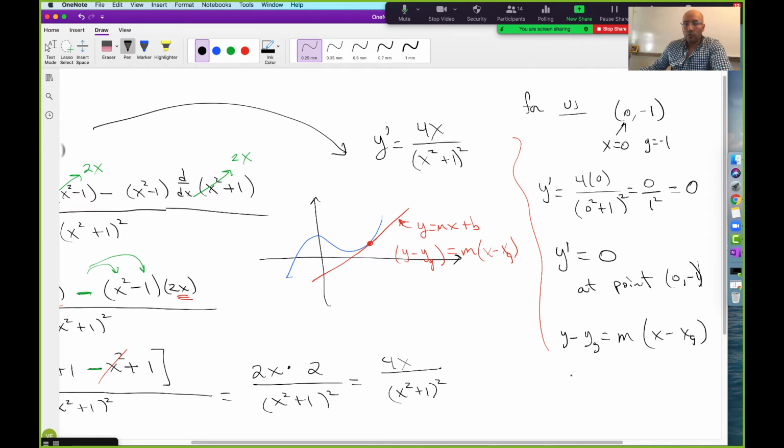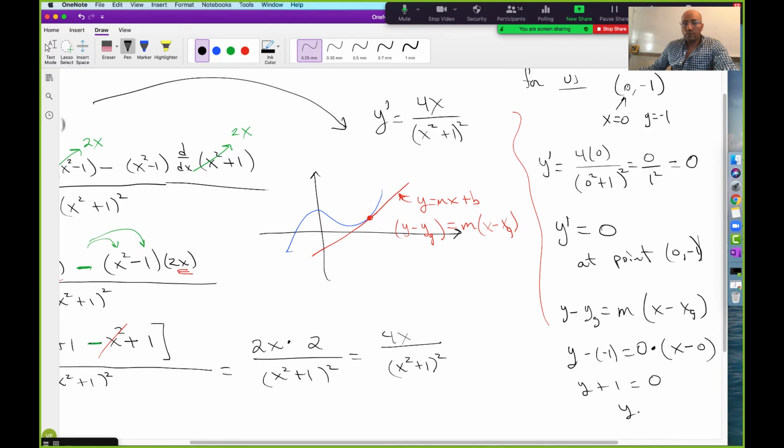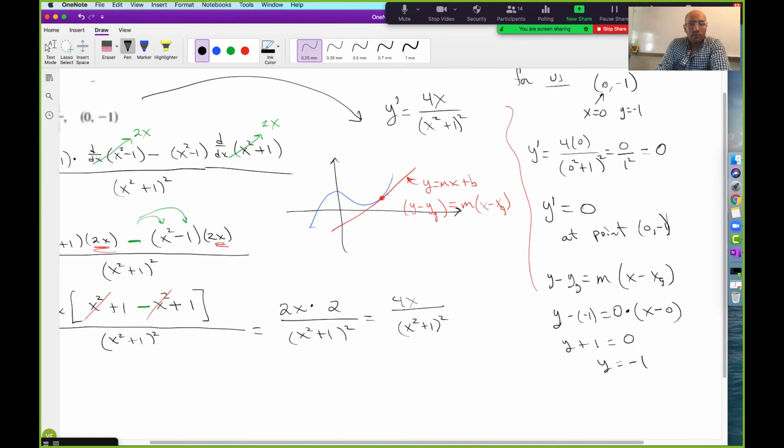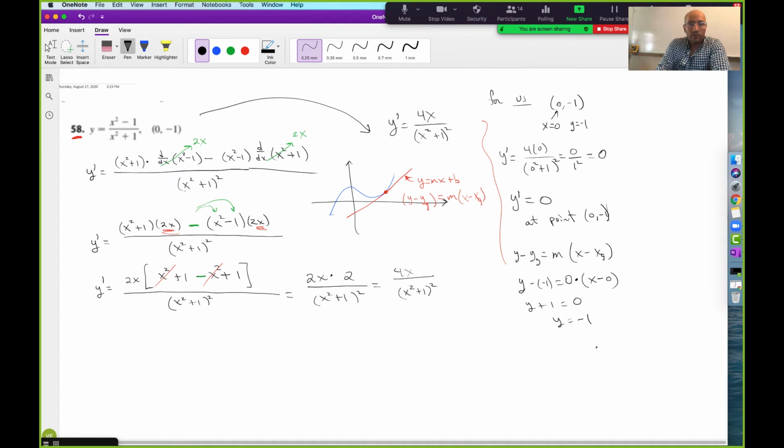So this is going to be y minus -1 equals 0 times x minus 0. So this is just going to become y plus 1 equals 0. So y just equals -1. Any questions about that one?